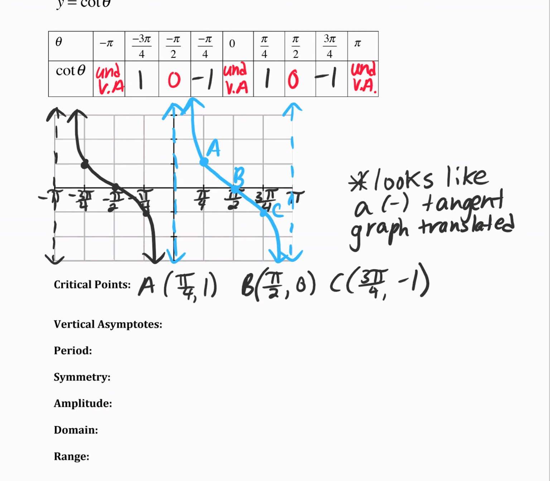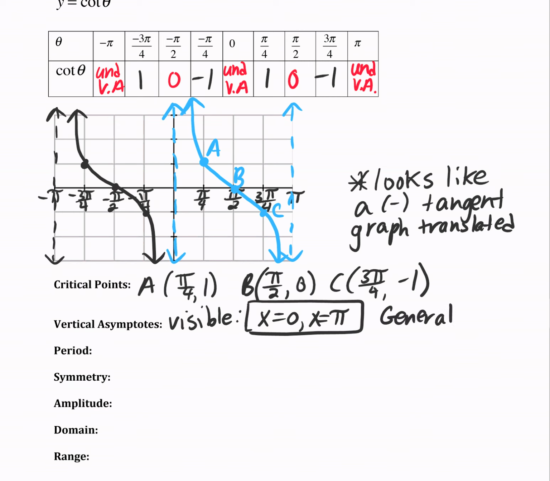Our vertical asymptotes, again, we have our visible versus the general. So for visible for this, we have 0 and we have pi. For general, we have x is equal to, and I could put 0 plus, but I'm just going to put pi times k, again, where k is any integer.